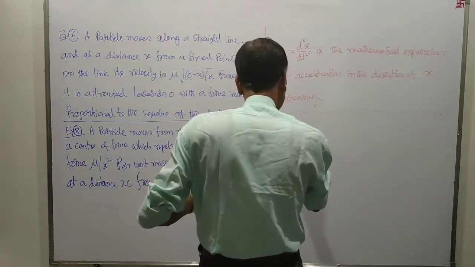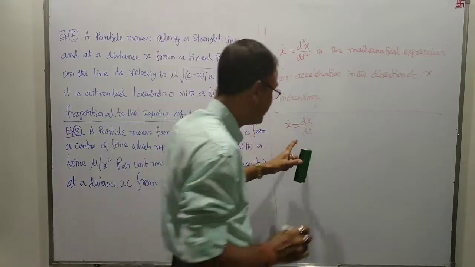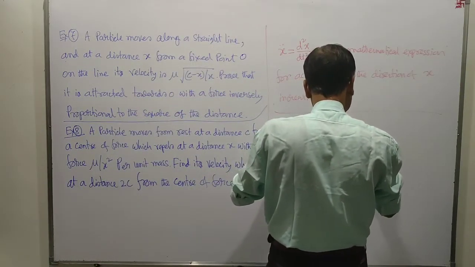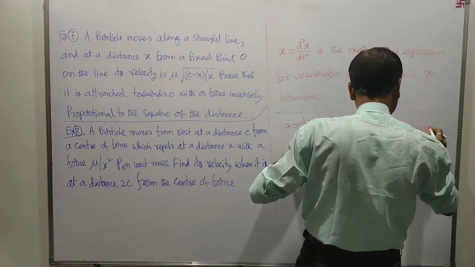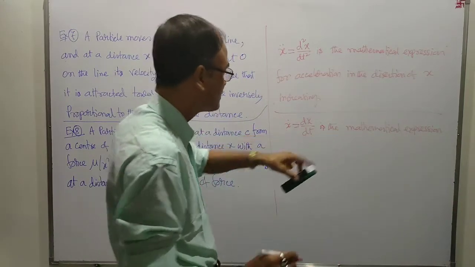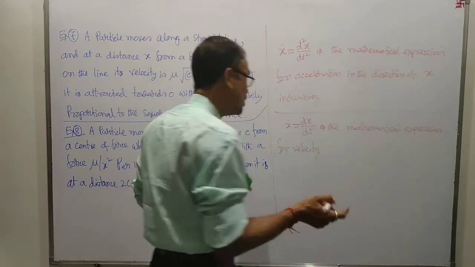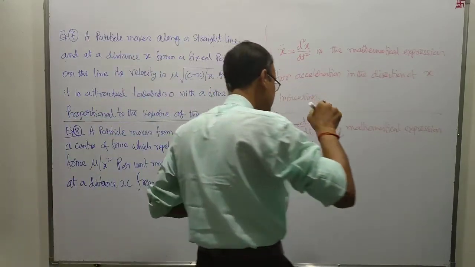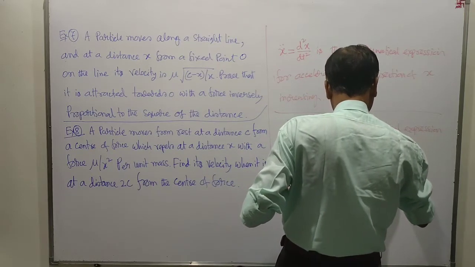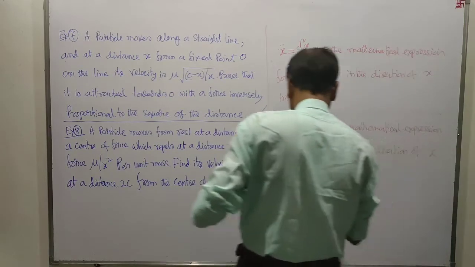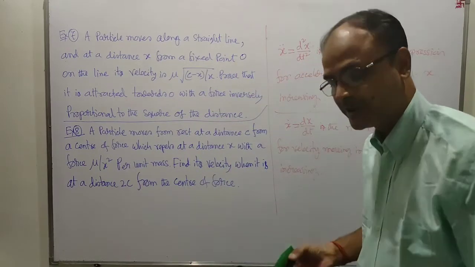Similarly, x dot, dx by dt, is the mathematical expression for velocity moving in a direction of x increasing.